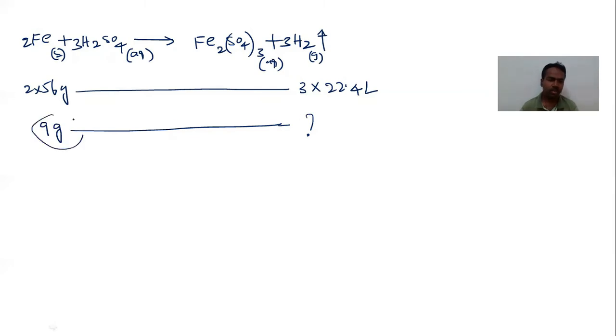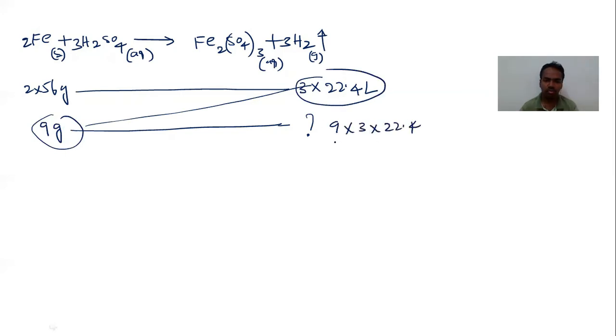A simple cross multiplication: 9 into 3 into 22.4 divided by 2 into 56. It is nearly 5.4 liters of H2. So if we take 9 grams of iron, it can produce 5.4 liters of H2 at STP. This is a simple, easy model of the mass-volume relationship.